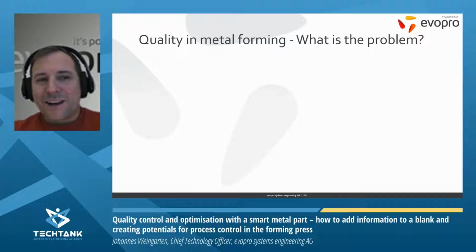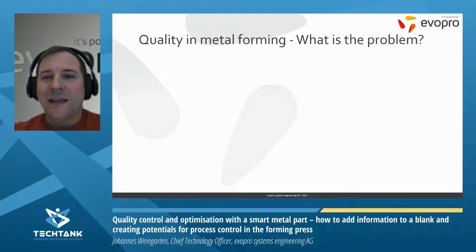To first start, I want to ask the question: what is the problem in metal forming about quality? The requirements for skin parts, when we talk about the car industry, are the most complex ones with regards to surface quality, geometrical tolerances like shape, and robustness.